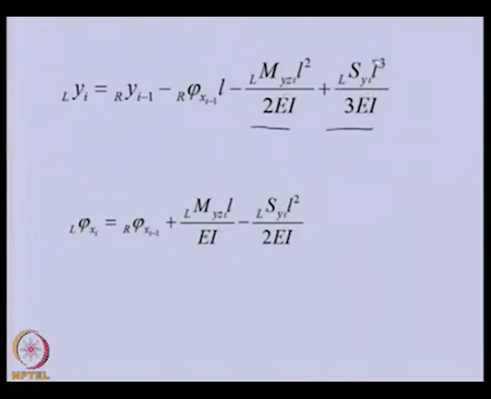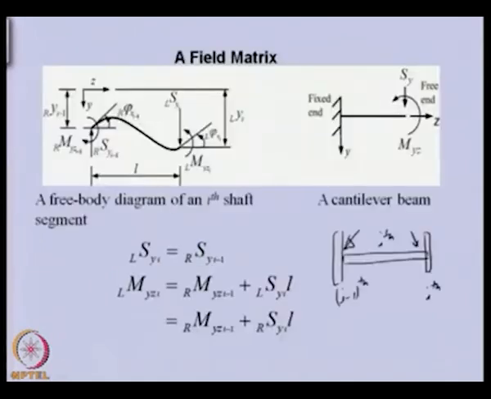So from a strength of materials book we can get these relations: when we have shear force acting, what is the linear displacement, and when we have this bending moment, what will be the displacement of the free end of the shaft. Because we are dealing with a linear system, they can be combined. So this is while considering the shaft as flexible and the left-hand support as rigid, that means the cantilever case.